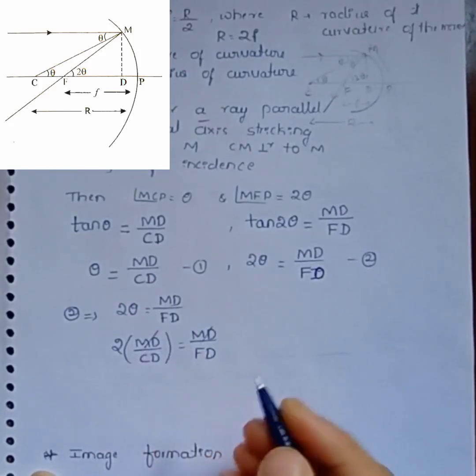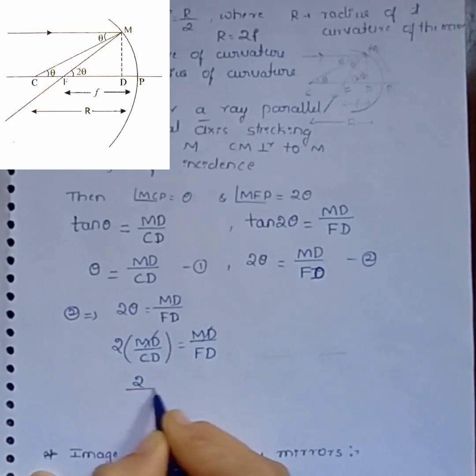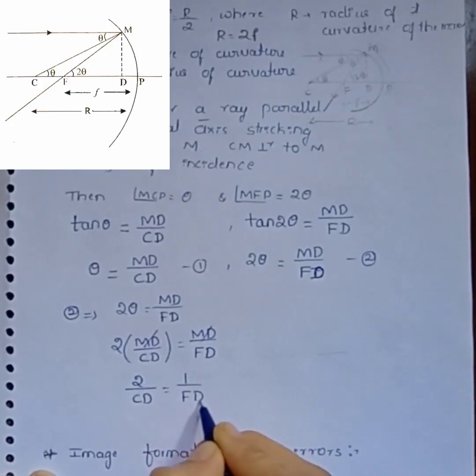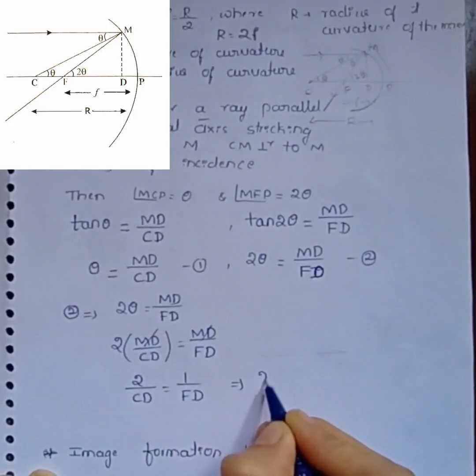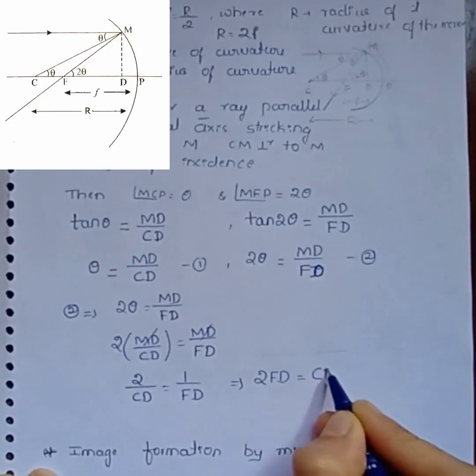Here MD gets cancelled on both sides, which gives 2 divided by CD is equal to 1 divided by FD, which implies 2 times FD is equal to CD.